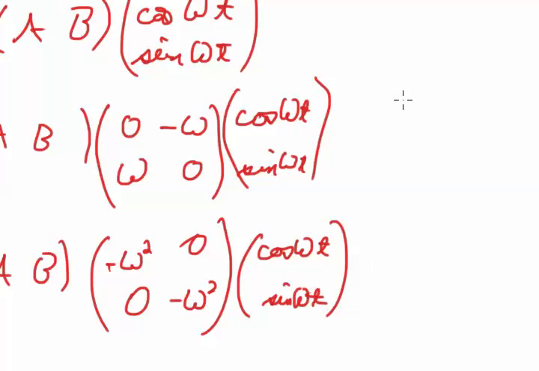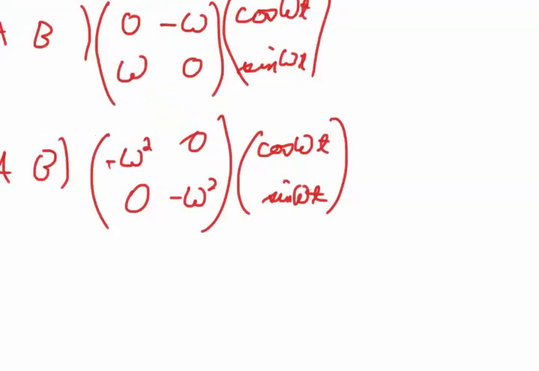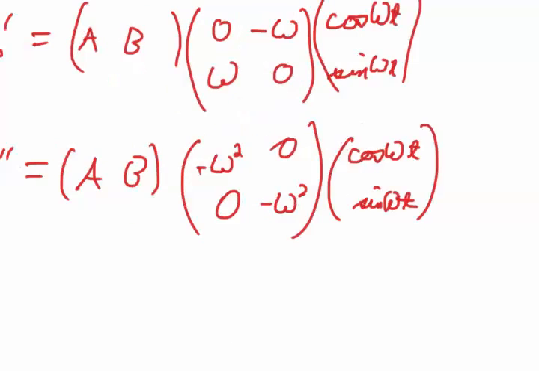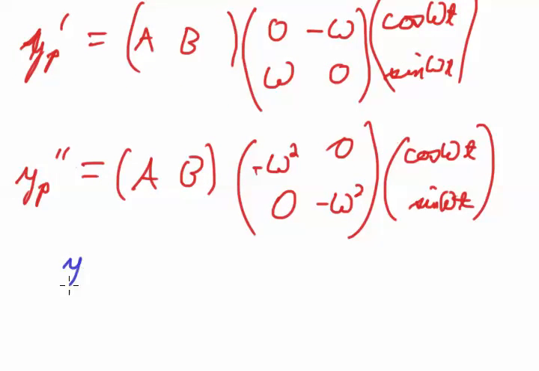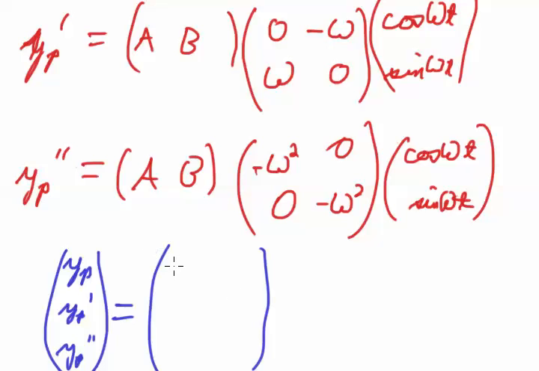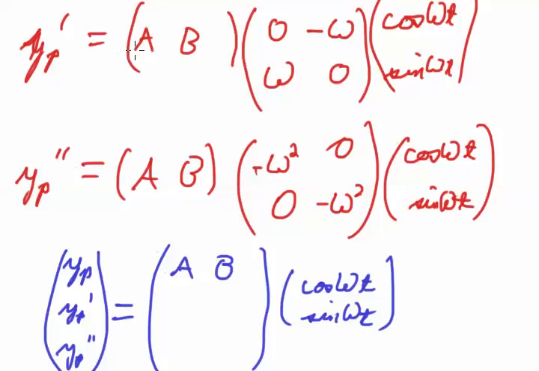So then, if you're setting up an expression, say y sub p, y sub p prime, y sub p double prime, you'll have this a and b up at the top times cosine omega t, sine omega t. Then you multiply this through, it would be b omega and negative a omega.